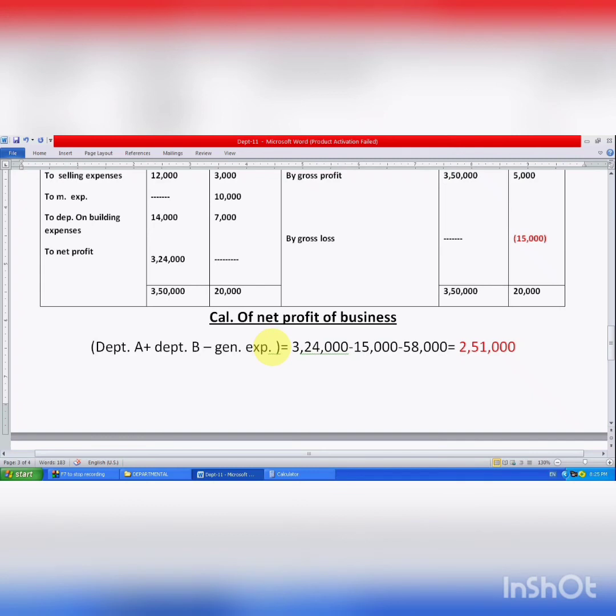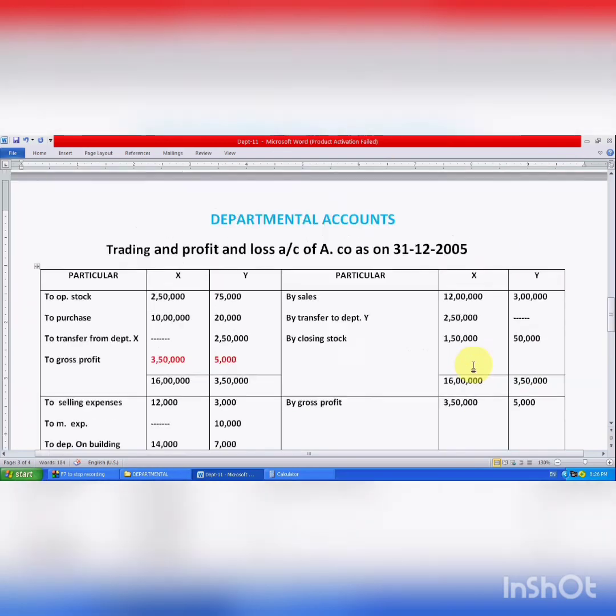So you can write this one also, department A plus department B minus general expenses, so 3,24,000 minus 15,000 minus 58,000, overall 2,51,000.